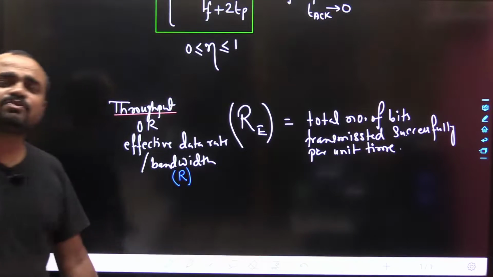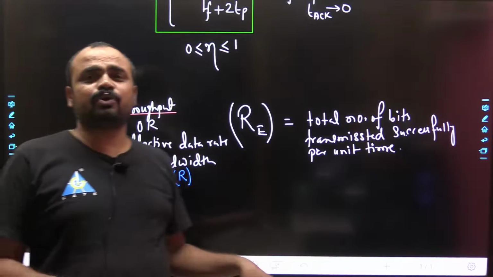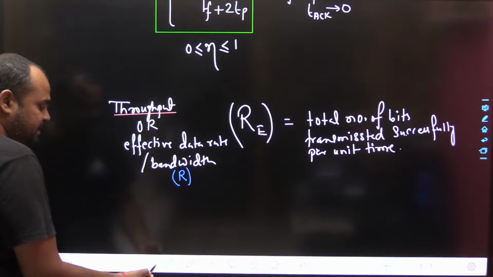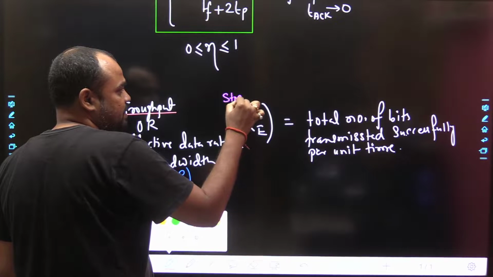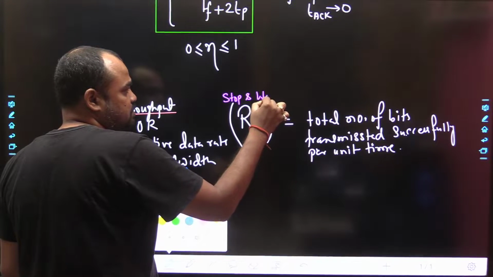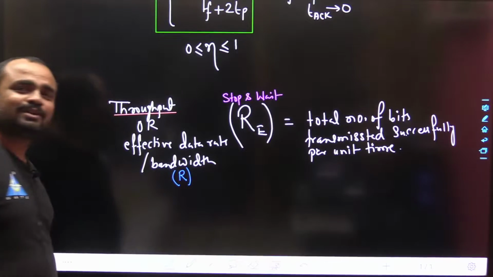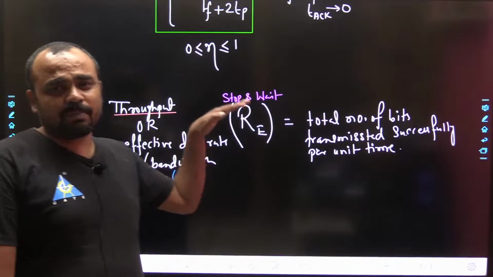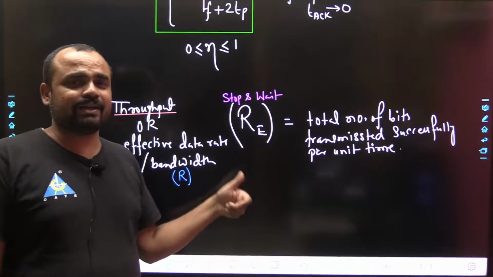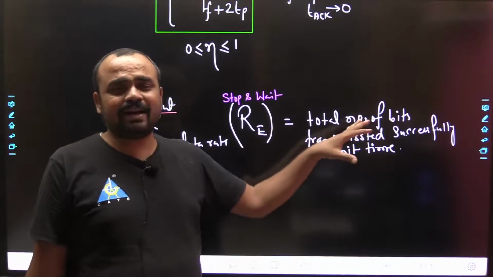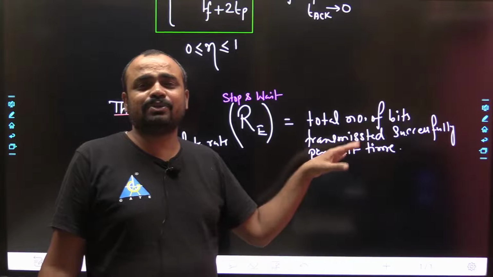So my dear friends, in case of stop and wait protocol, because we are trying to calculate this throughput, or you can say the effective data rate, it is basically defined as the total number of bits transmitted per unit time.